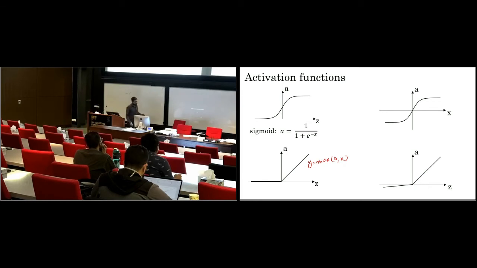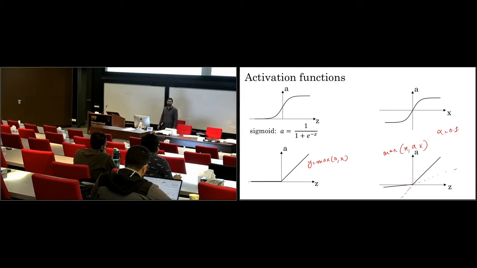Think of this as a combination of this and this. Exactly. So this is basically the maximum of x and alpha x, where alpha is something like 0.1, a small number.